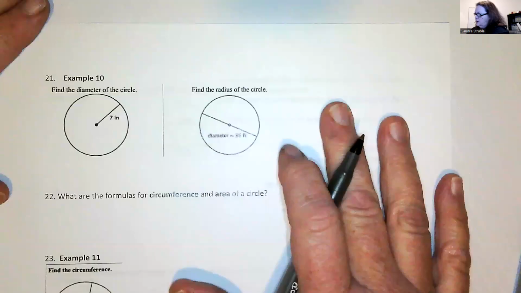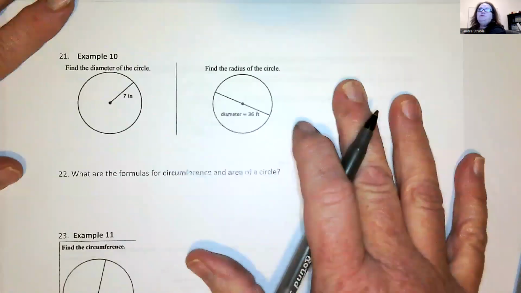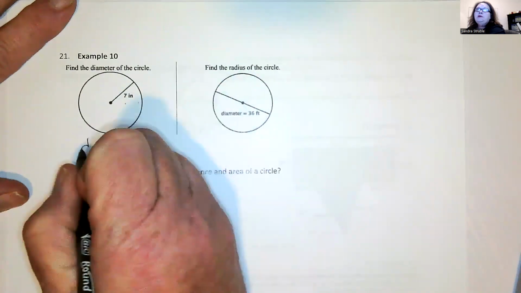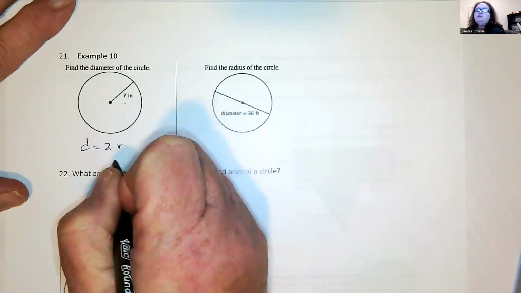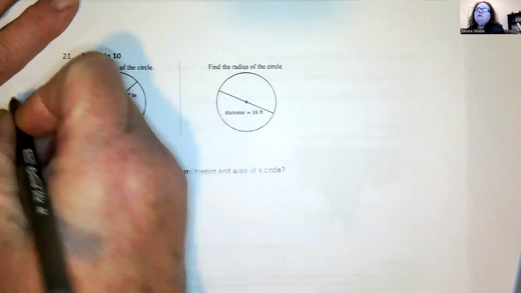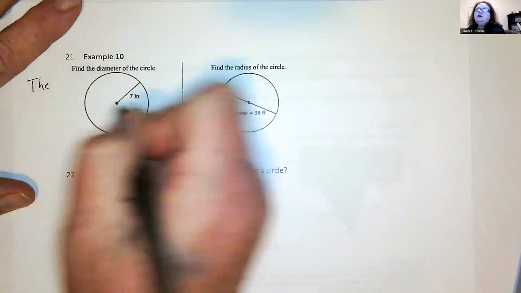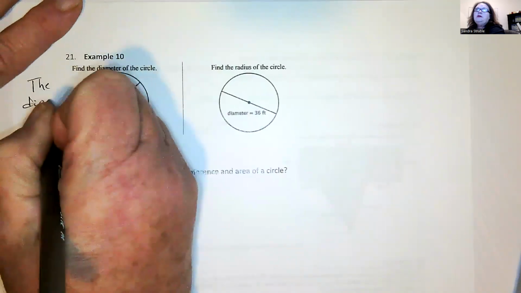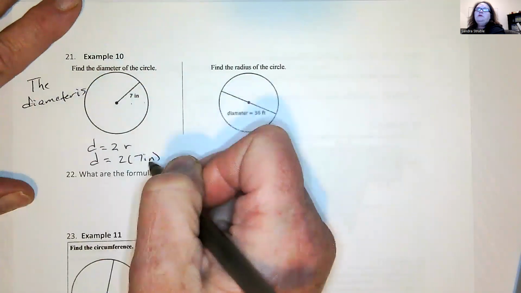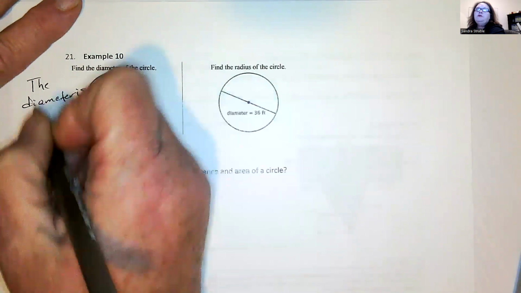All right, so let's find the diameter of the circles. So the first one, the radius is 7 inches, and the diameter is equal to 2 times the radius. So the diameter is equal to 2 times 7 inches, which is 14 inches.